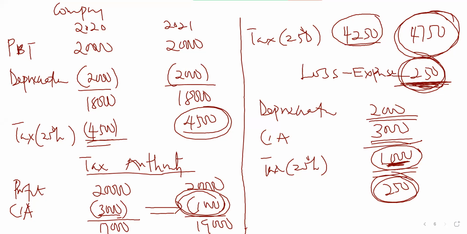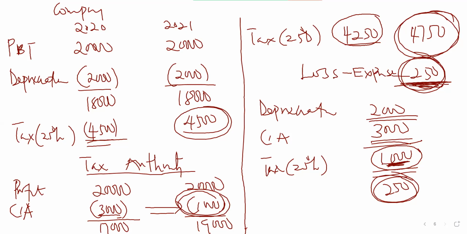But let's now come. There are two issues that can cause what we call the deferred tax. Okay, the deferred tax, we are saying that there is an issue of a deferred tax because the taxable profit is different from the accounting profit.